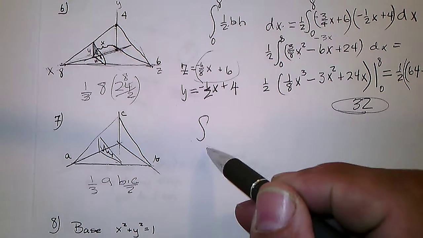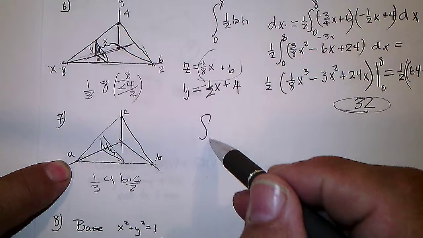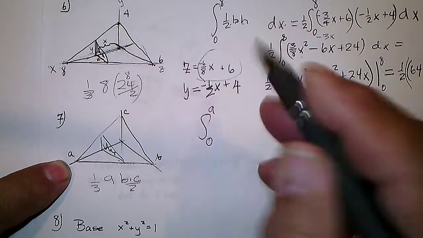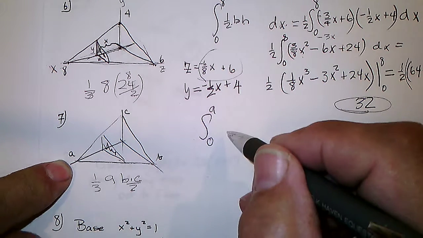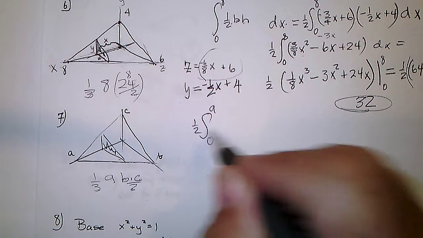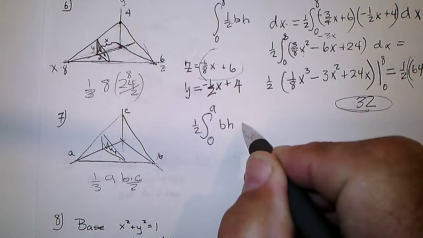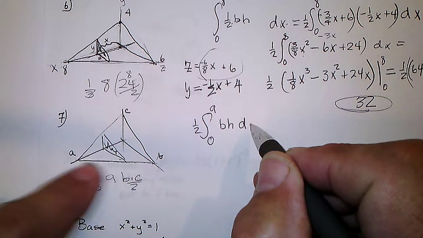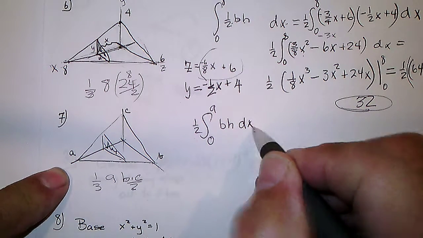But we're going to do the integral from 0 to A of 1/2 the base times the height, and we'll call this the x direction.